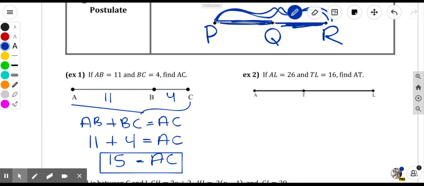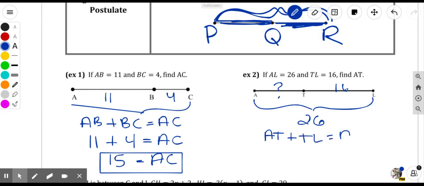Okay, this one, AL is 26. TL is 16. Find AT. So again, small segment AT plus small segment TL equals big segment AL. This time we were given TL is 16. We still don't know AT.